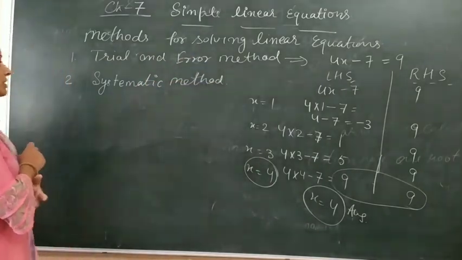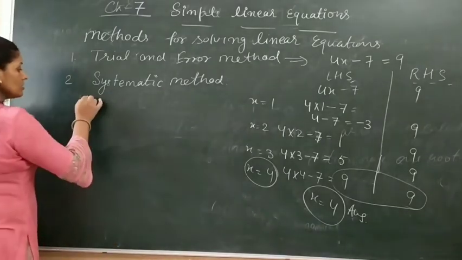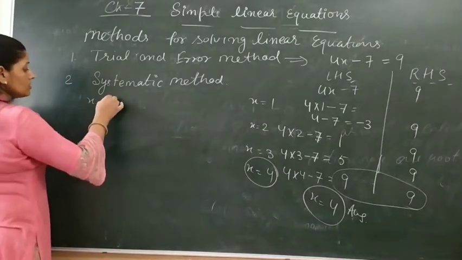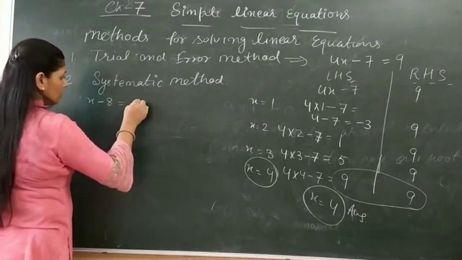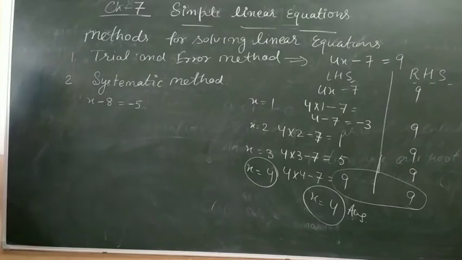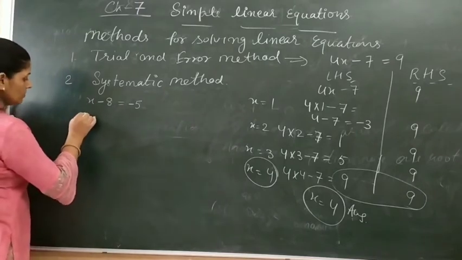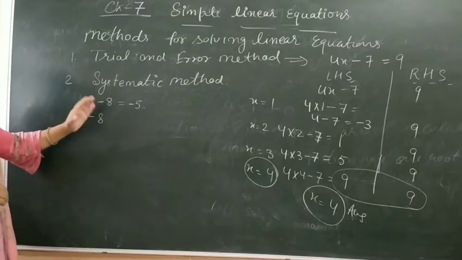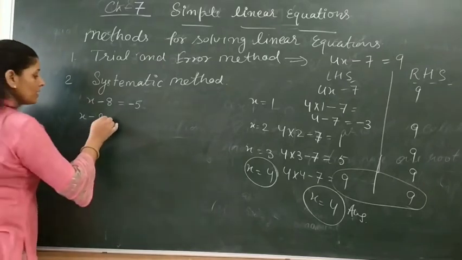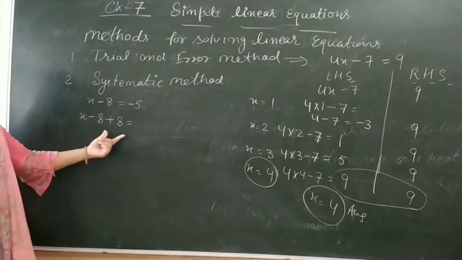Now, come to the next method, which is the systematic method. Let's take an example: x minus 8 is equal to minus 5. How can you solve this? X minus 8 here. First of all, cancel this by adding the opposite sign of 8.